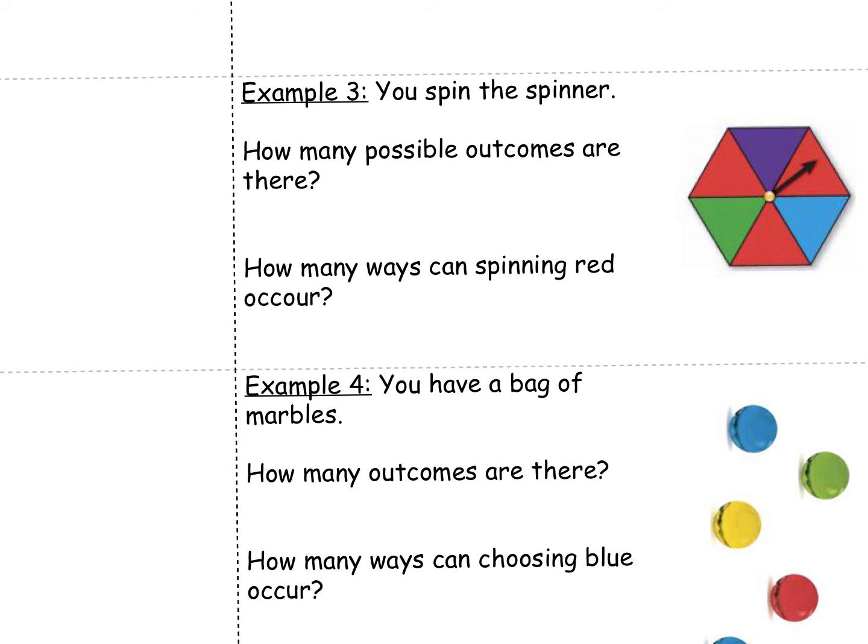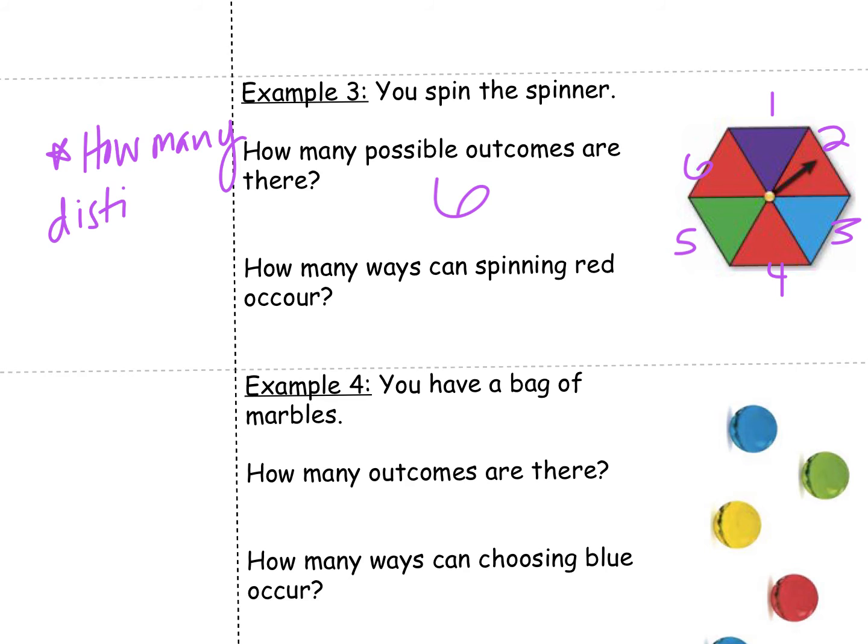We first need to talk about how many possible outcomes do we have. Well, if I count how many sections of my spinner I have, 1, 2, 3, 4, 5, 6. So there are 6 possible outcomes. However, we also need to determine how many distinct outcomes are there.